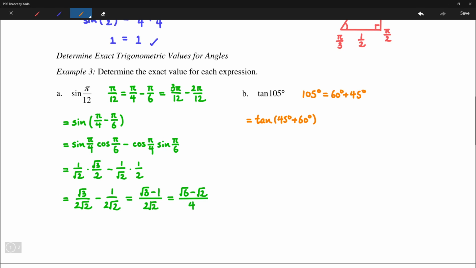And then that would be split up into tangent 45 degrees plus tangent 60 degrees all over 1 minus tangent 45 degrees times tangent 60 degrees.